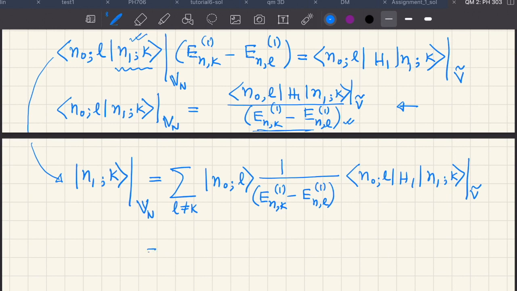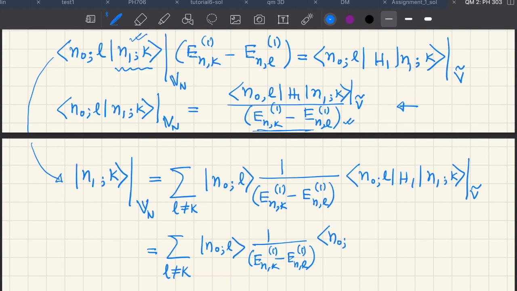So we can finally write that this is equal to L not equal to K N naught L 1 by E n K1 minus E n L1, N naught L H1, but we already know what is En1K along V tilde, that we already have that result.